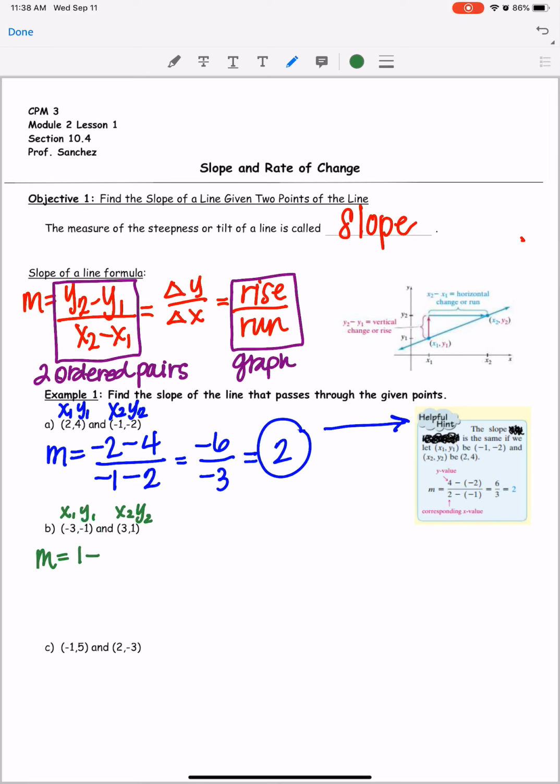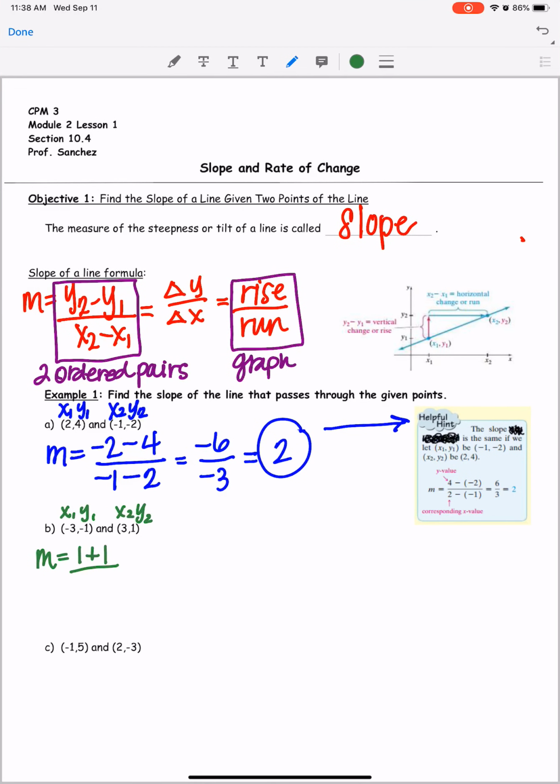Your formula has a minus, so that is what this minus right here represents. So now it is minus your y1, where your y1 is a -1. So you kind of have a double negative here. Well, minus a negative, or two negatives, makes a positive. So instead of writing that as 1 minus -1, we're going to do that as just 1 plus 1.